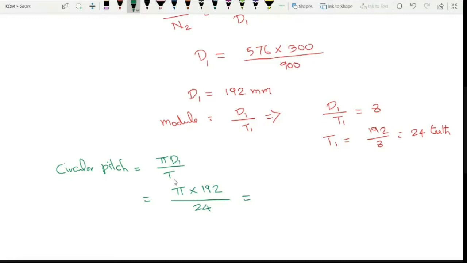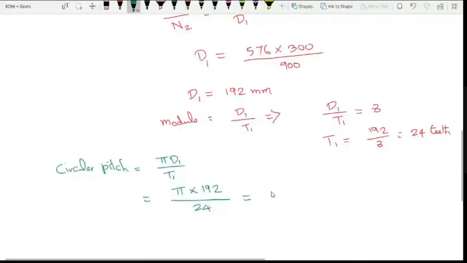So what is your circular pitch? Sir, 25.12. 25.12 mm. Very good.